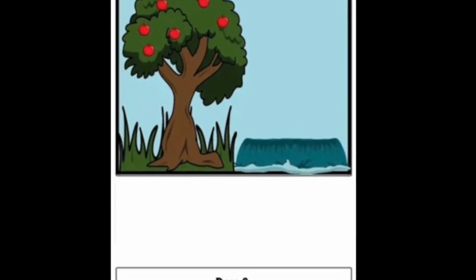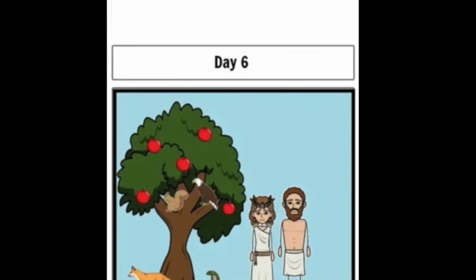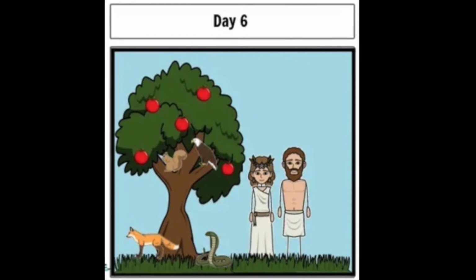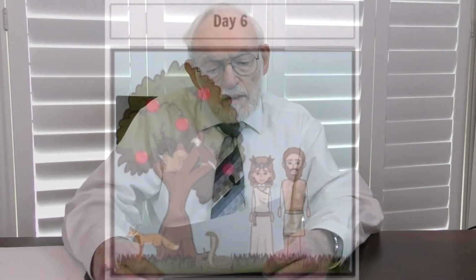That is essential for the creation of living beings, the animals and man. So all of the animals are created on day 6, so that we now populate the earth with living creatures. And man, of course, needs vegetation to exist.